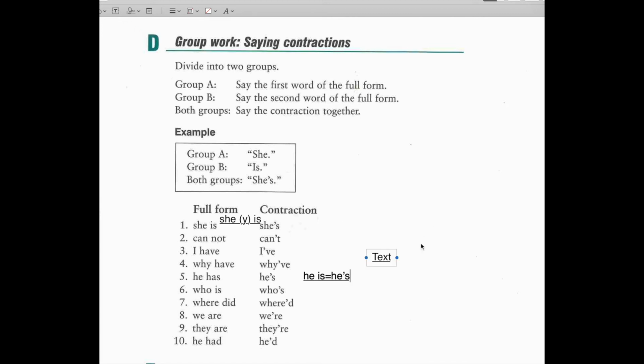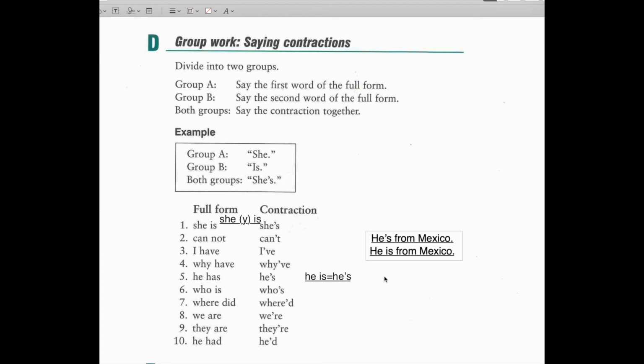So, for example, if I said he's from Mexico, which one are we using? Are we using he has, or are we using he is? In this case, the full form would be he is from Mexico. So, as you can see, that can be a challenge.